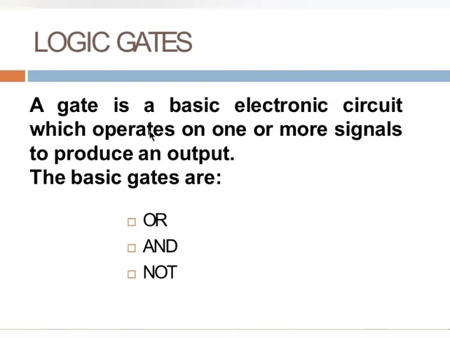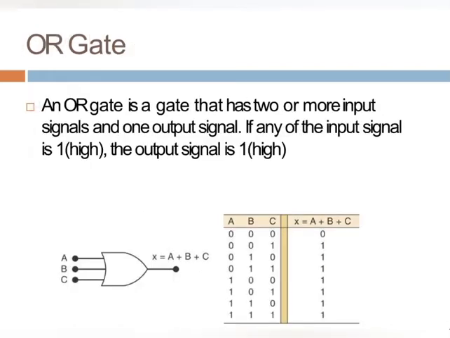So what is a logic gate? It is a basic electronic circuit which operates on one or more signals to produce an output. So the basic gates are OR gate, AND gate and NOT gate. We can see what is OR gate.